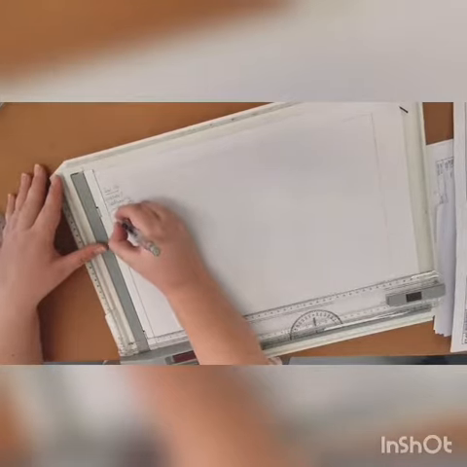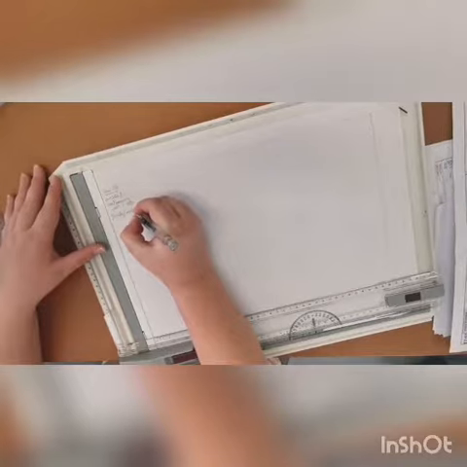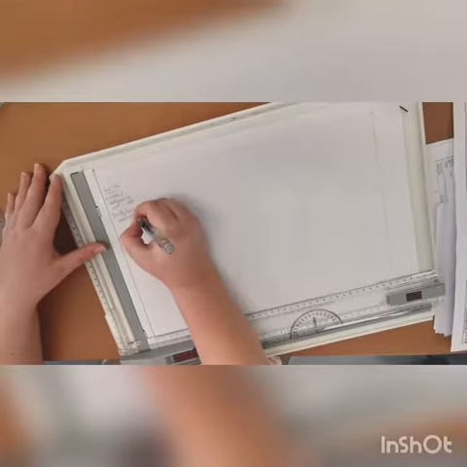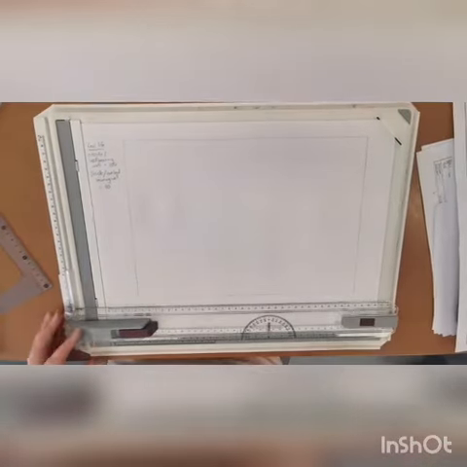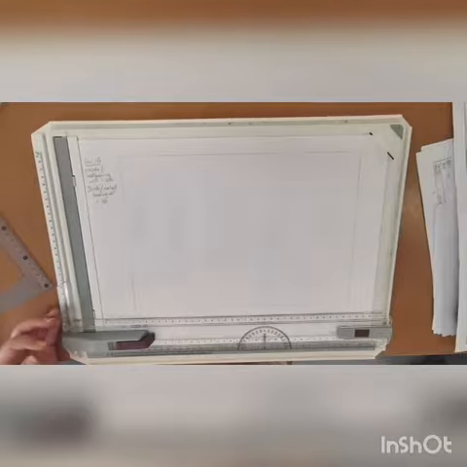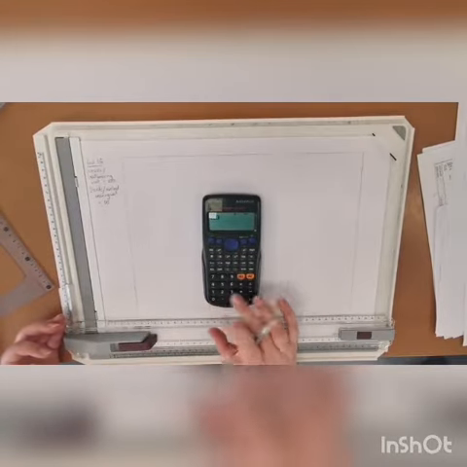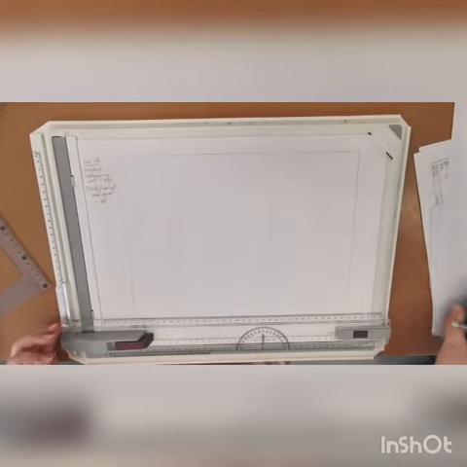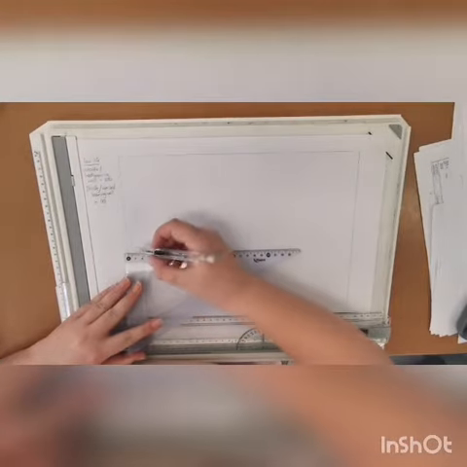And inside or non-load bearing wall will be 110. So, where is the calculator? 220 divided by scale gives me 8.8. So the thickness of the outside walls needs to be 8.8.